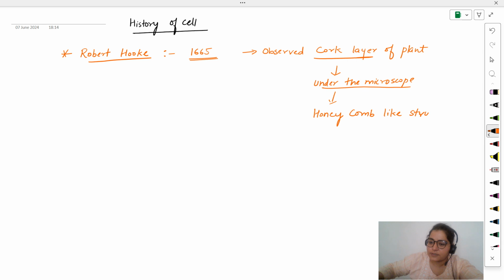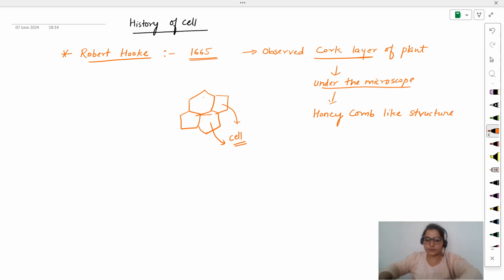This structure just looks like a honeycomb. We couldn't understand what it is, but it looks just like a honeycomb. And each segment is called a cell. So Robert Hooke is one of the scientists who started the study of cell. He is also called the father of cytology.